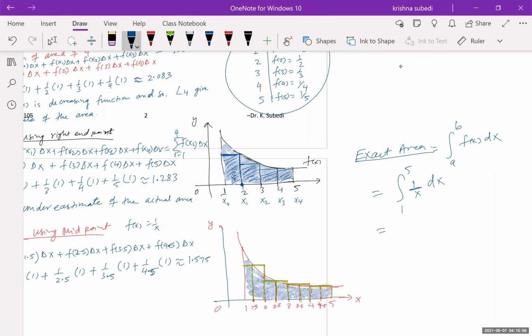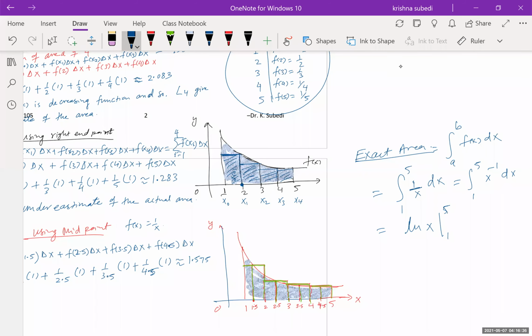We call it fundamental theorem of calculus part 2. What that theorem tells us is that in order to solve the definite integral, you just find the antiderivative. You can also write 1 over x as x to the power negative 1 dx if you like. We know that the antiderivative of x to the power negative 1 is ln x, and you just copy the limits 1 to 5.